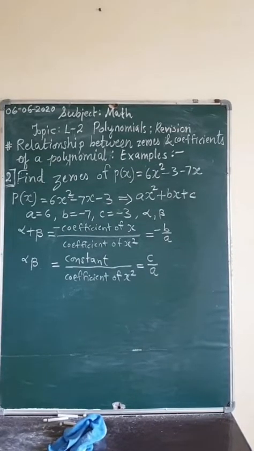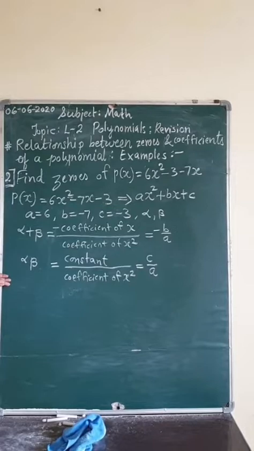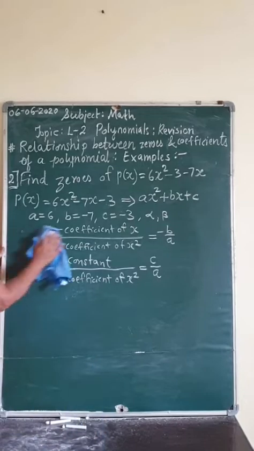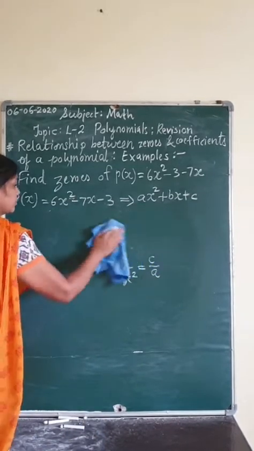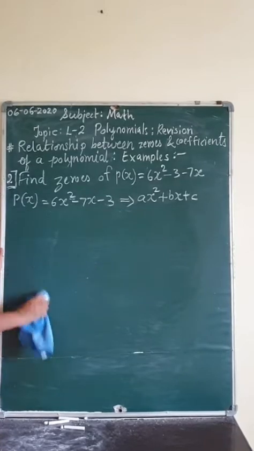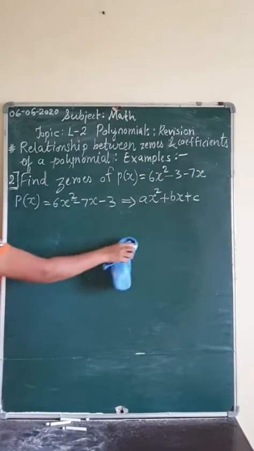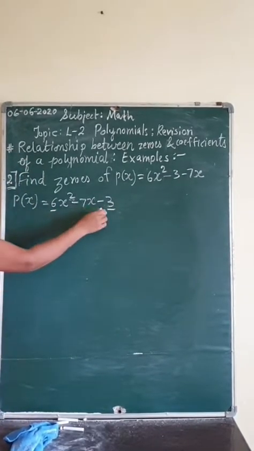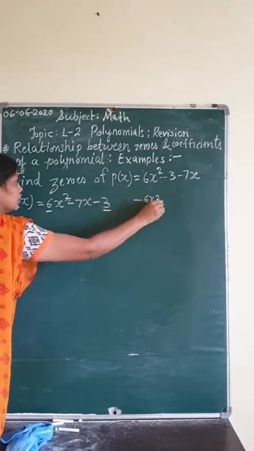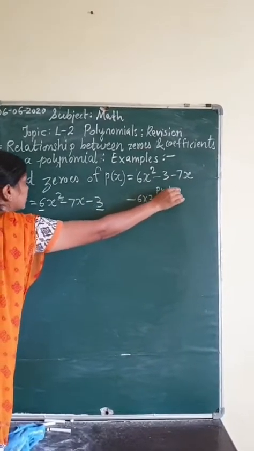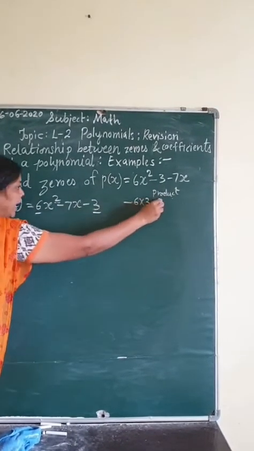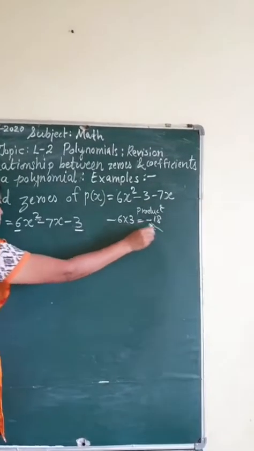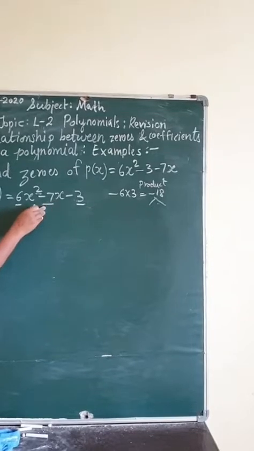So now we will see how to solve this example and how to verify whether the zeros of this polynomial are in this relation or not. First of all, we have to solve this example to find the zeros. Now, if we see 6 into -3, that is the product of these terms, we get -18. And now we have to find the factors of -18 in such a way that they give the sum as -7.